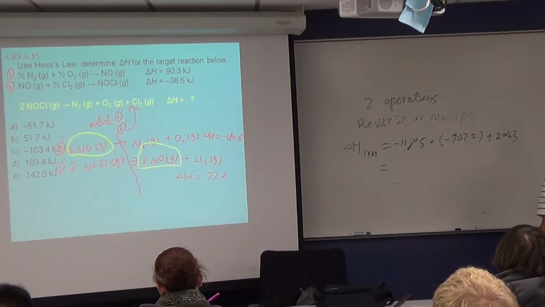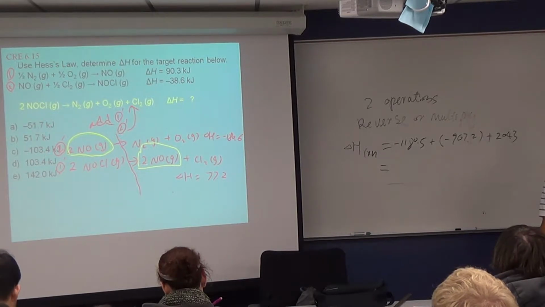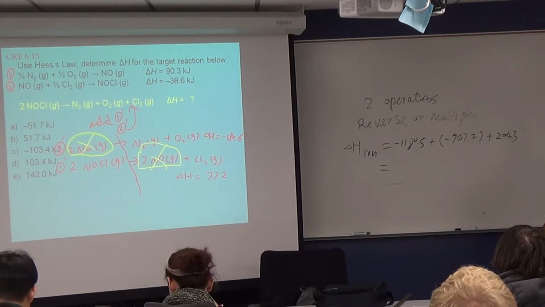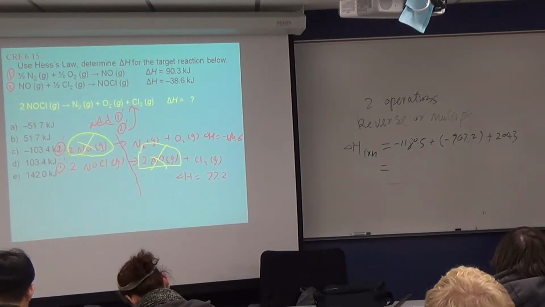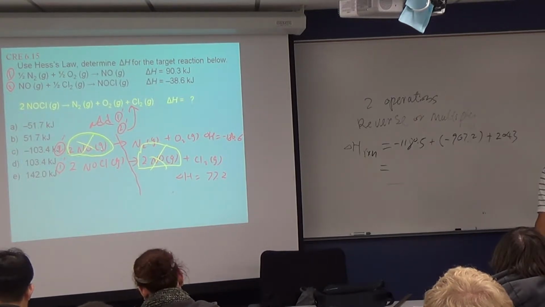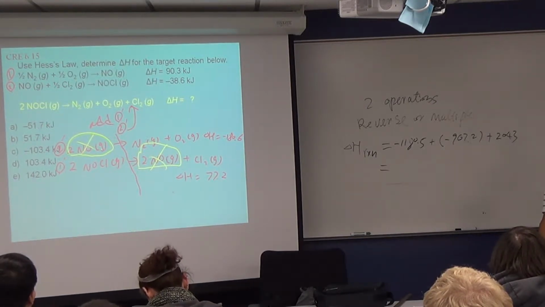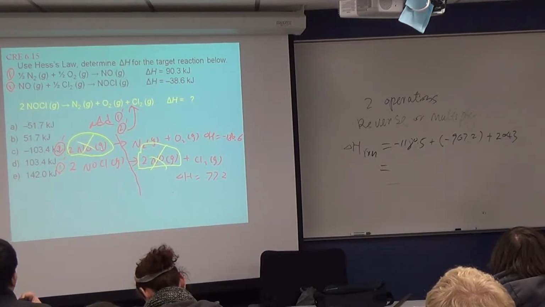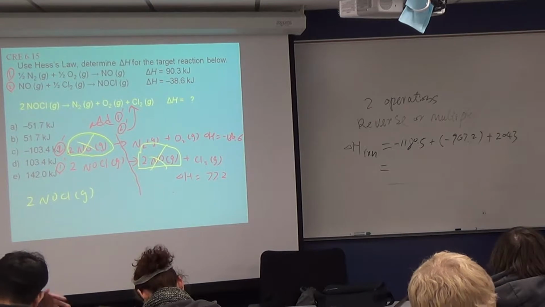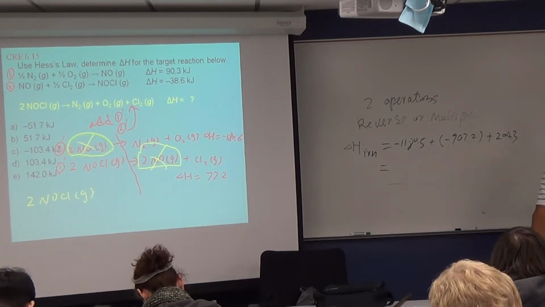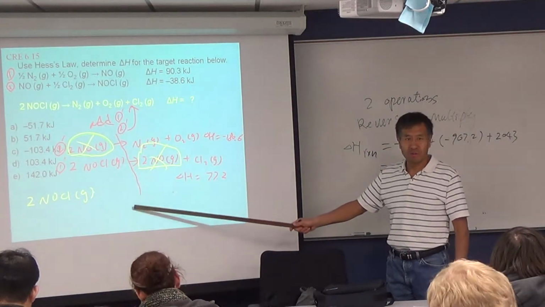I think that's the only one that can come out. So this is gone. This is gone. After this 2 NO is gone, then we will not have time to go to the first example. Now what is left over? Left over is only 2 Cl gas. You agree? That's the only one that's left over on the left side of this line. You agree?